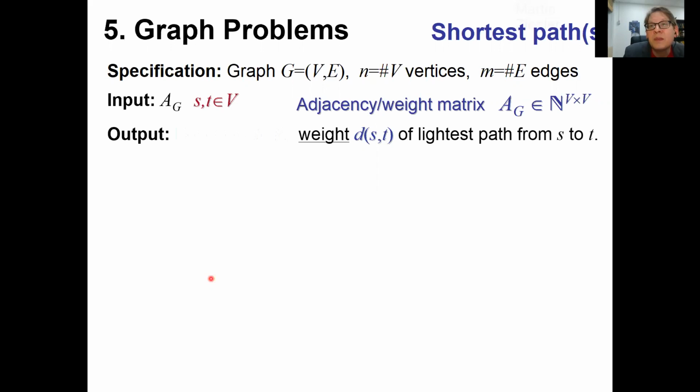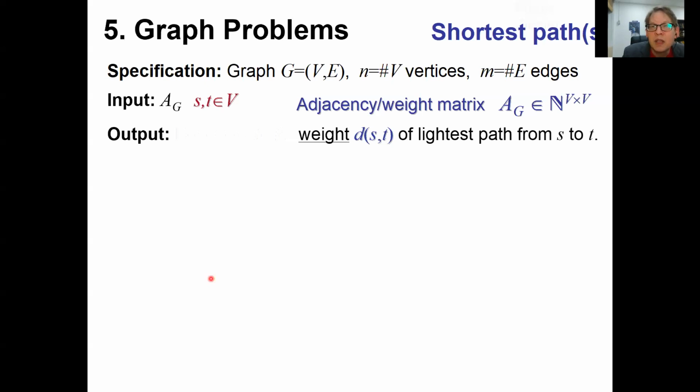And this is a violation of the property that I previously mentioned as crucial for our graph path search problems, namely that if there is a path, then there's also a simple path. This is not true if we consider weighted paths.